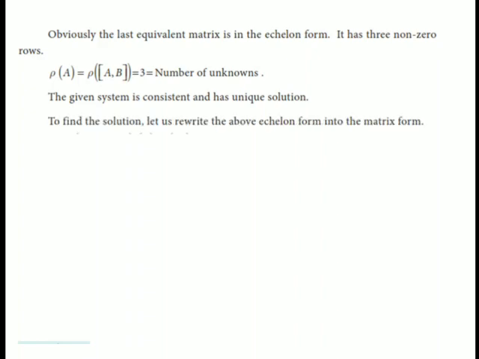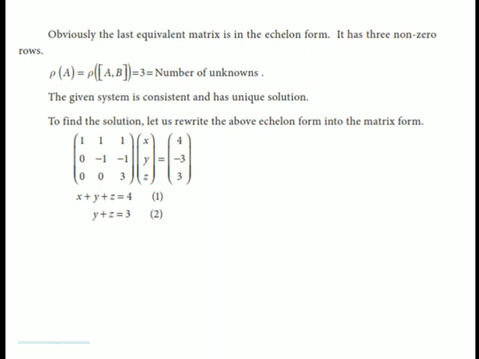To find the solution, let us rewrite the above echelon form into matrix form. Then you transform to the equations x + y + z = 4, y + z = 3, 3z = 3. You write the 3 equations, after that you solve.